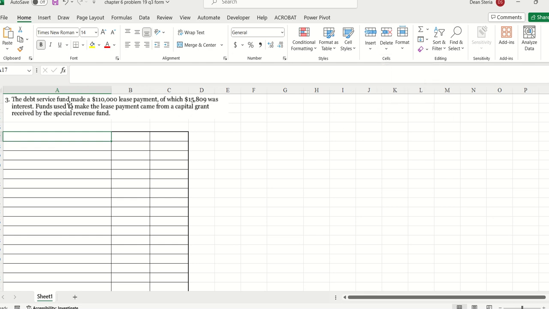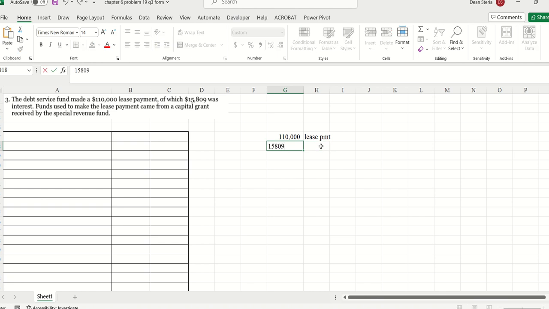So the debt service fund made a $110,000 lease payment. So we've got 110 lease payment, of which 15,809 was interest.